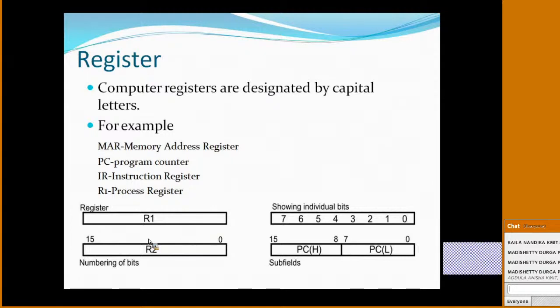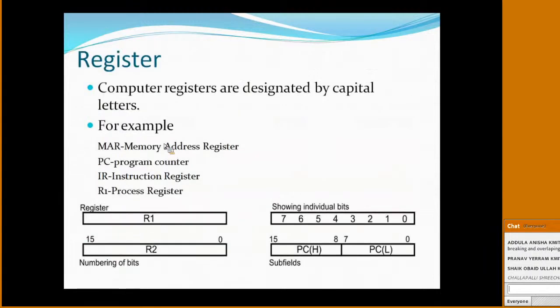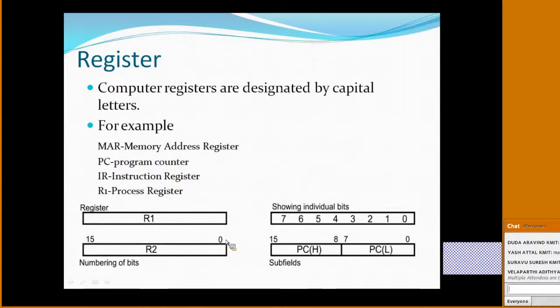Always remember that when you want to mention the size of a register, it is to be specified starting from 0 on the right hand side. For a 16 bit register you should specify its size from 15 down to 0, from the right hand side to your left hand side.